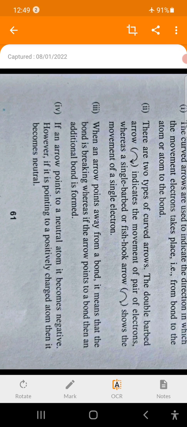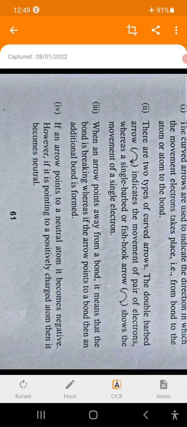While if the arrow points towards the bond, towards the space between the two atoms, then that indicates bond formation between those two atoms.